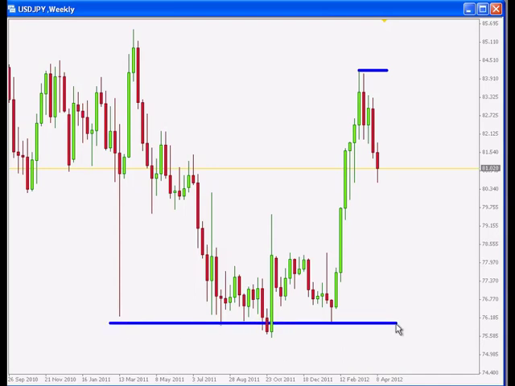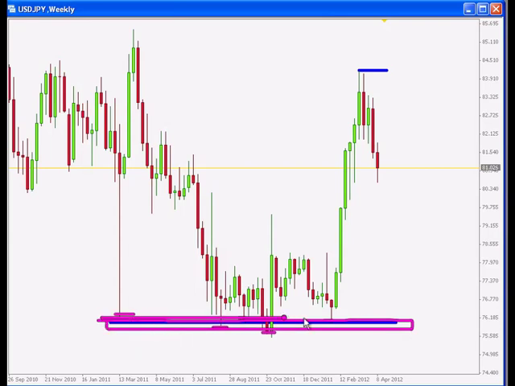Sometimes you get a level of support and resistance, sometimes you get an area. An area is basically the same thing, just that different price swings don't quite match right to the pip on the same specific price level, and therefore what we have is more of an area of support than an actual line of support.